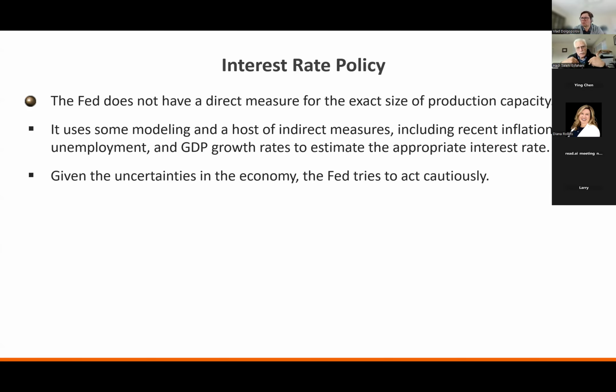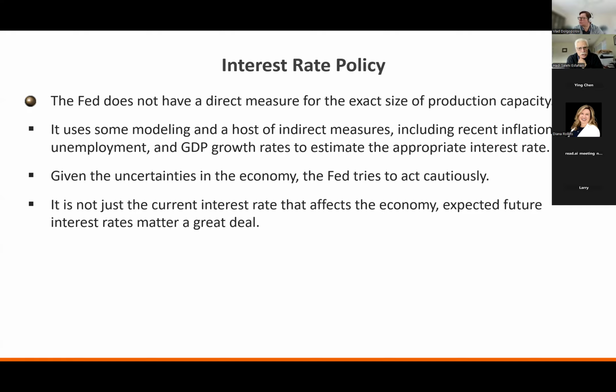But right now, the Fed knows that we're close to production capacity, but it's not sufficiently below production capacity to require a large cut in interest rates to push the economy forward. The economy continues to grow, even with the current interest rate, which is higher than what people normally expect it to be in the long run.